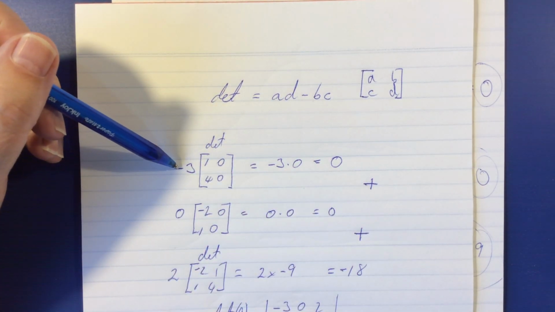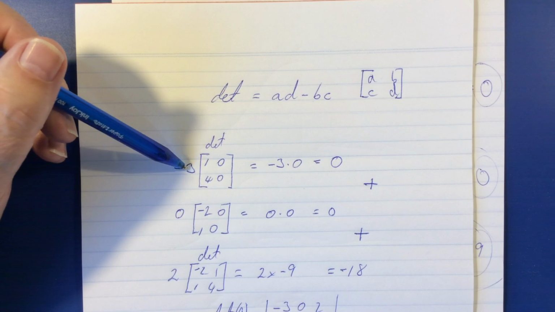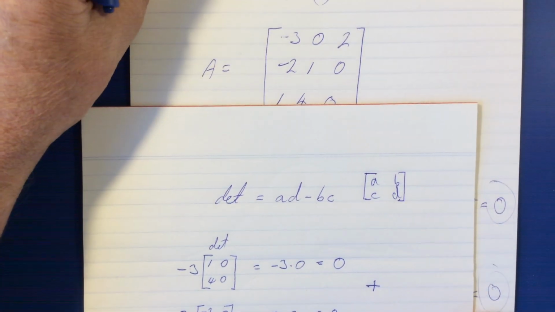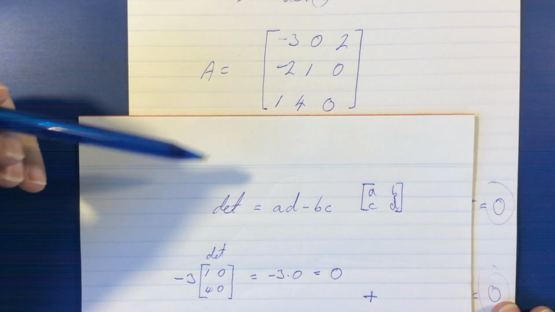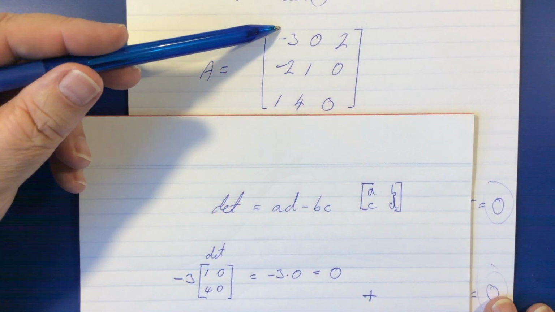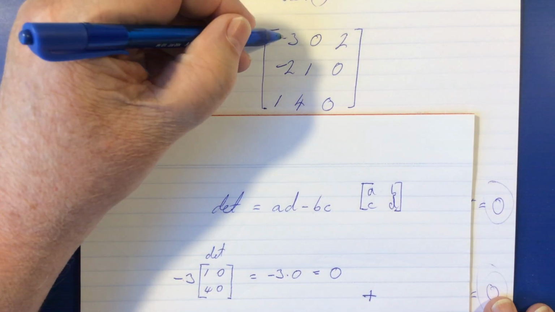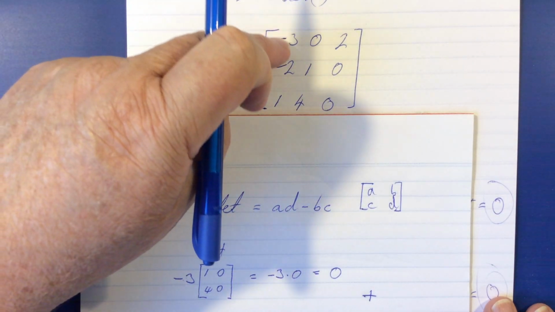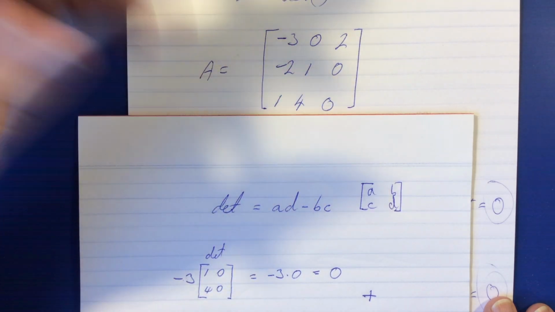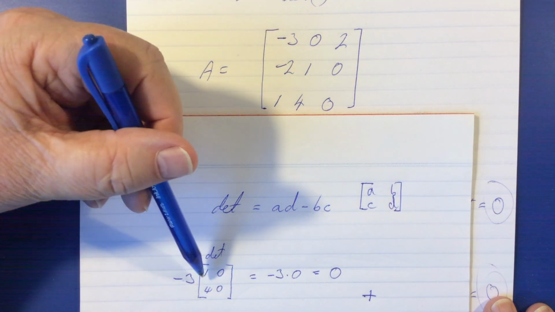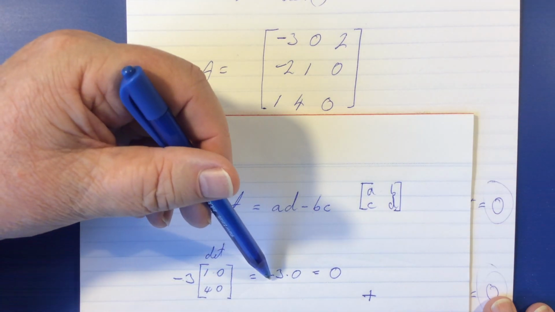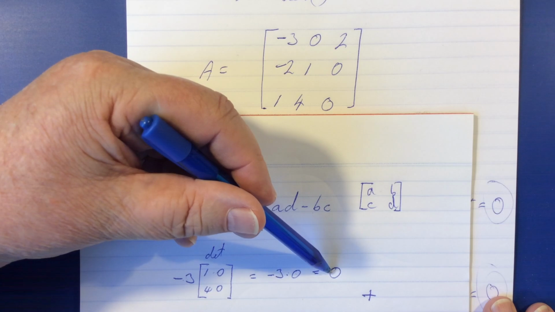So what we do is we take the first number in row 1. First number in row 1, -3. Now we've applied the rules about signs, so it is plus times minus, which gives us a negative. -3 times the determinant of this, which we've already calculated at 0. So it is -3 times 0, which equals 0.